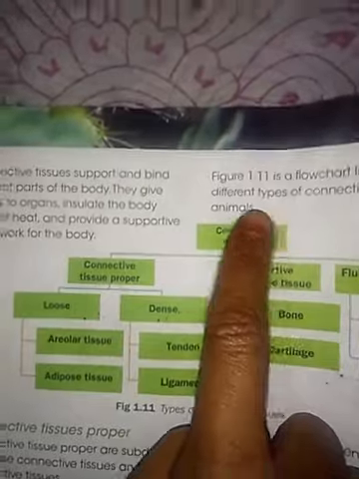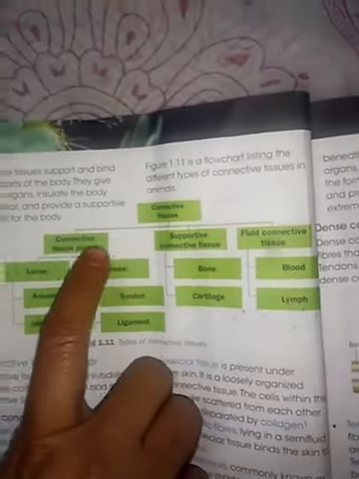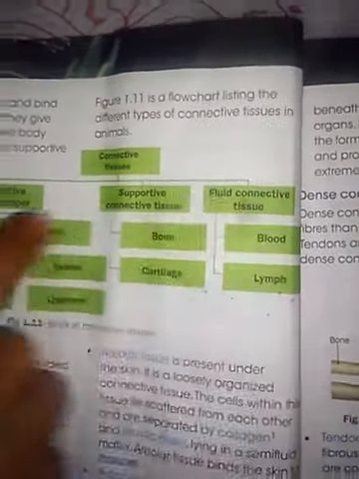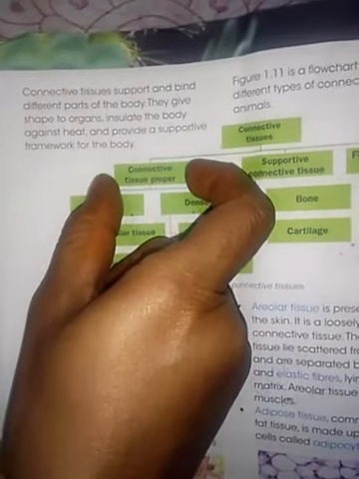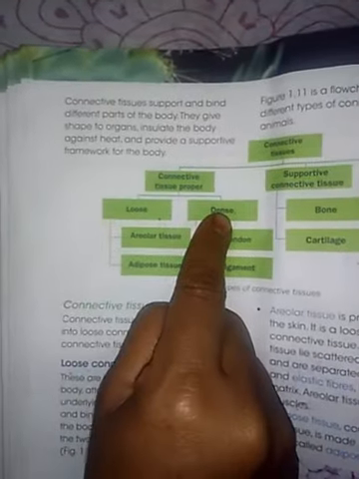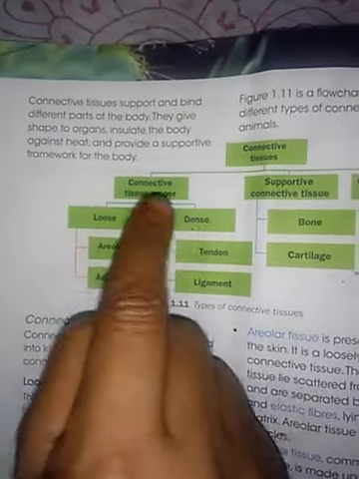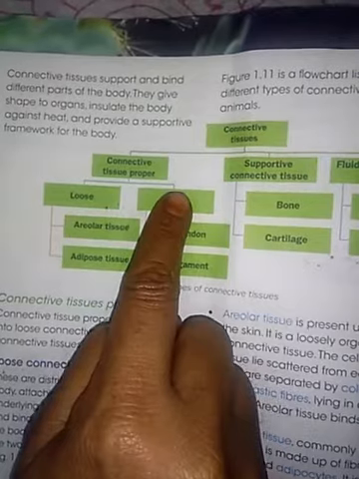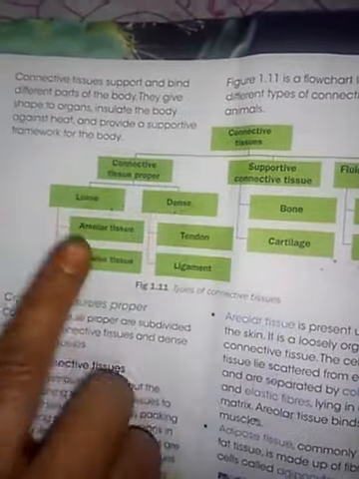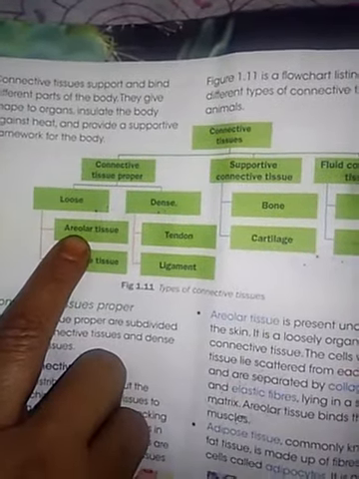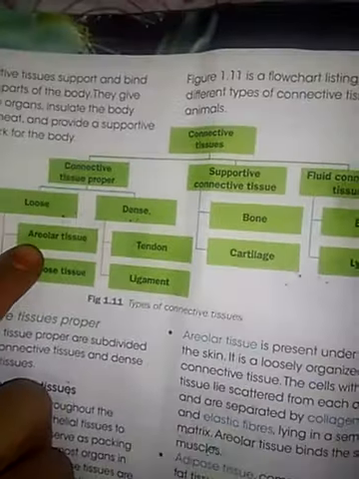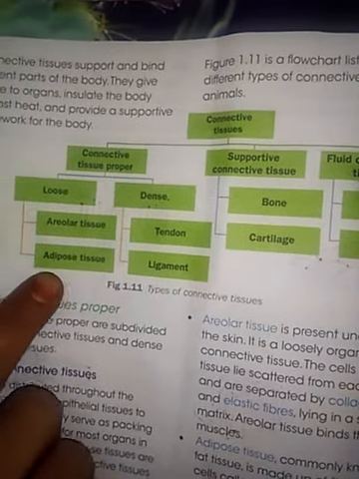Students listen, connective tissues are of three types, that is connective tissue proper, supportive connective tissue and fluid connective tissue. The loose and dense connective tissue again subdivided into two, that is areolar tissue and adipose tissue.